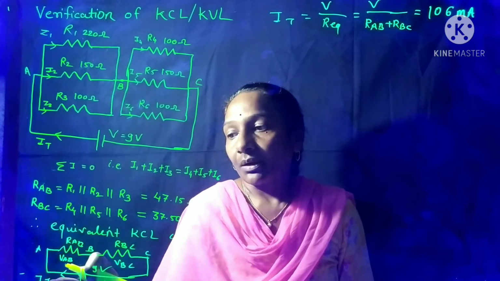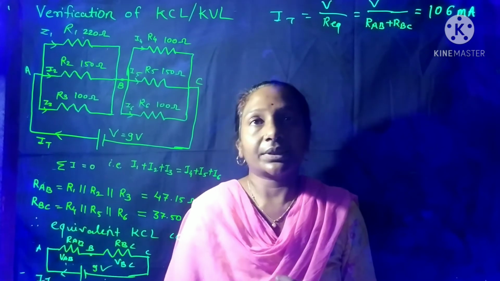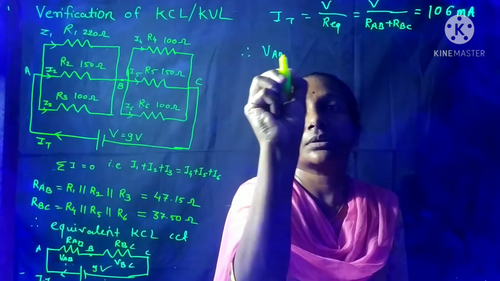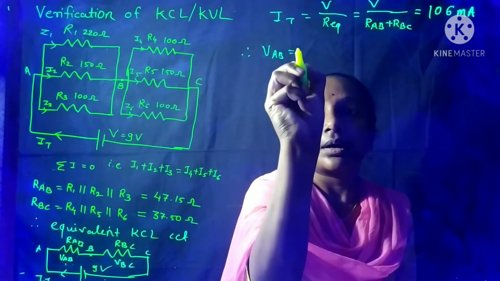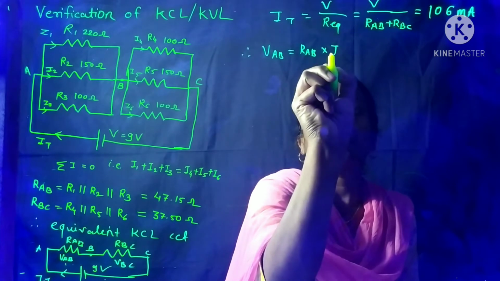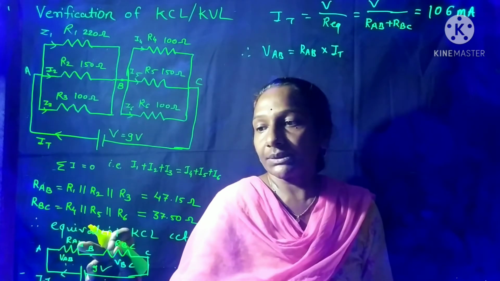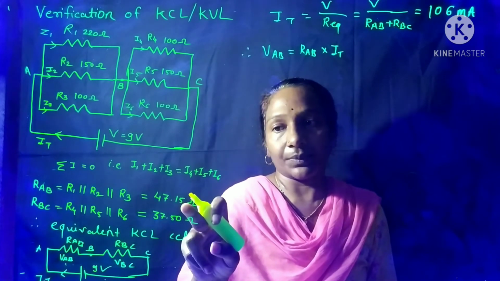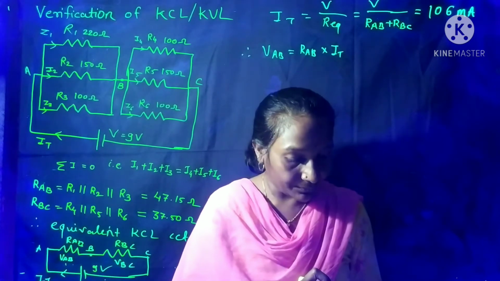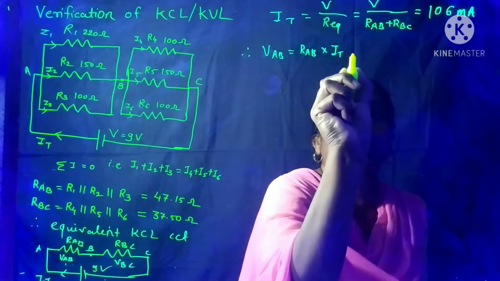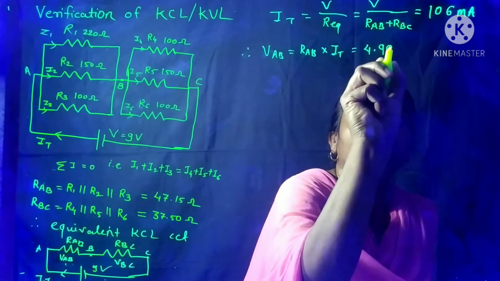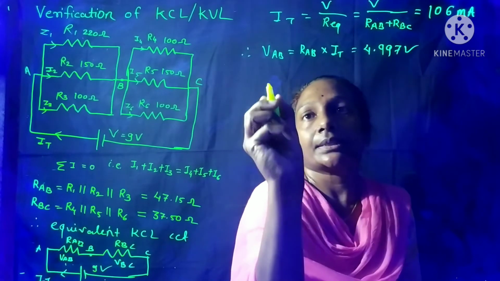That means current into the resistance. Therefore, VAB is equal to RAB into IT. RAB is equal to 47.15 ohm and IT is 106 milliampere. The voltage is equal to 4.997 volt.